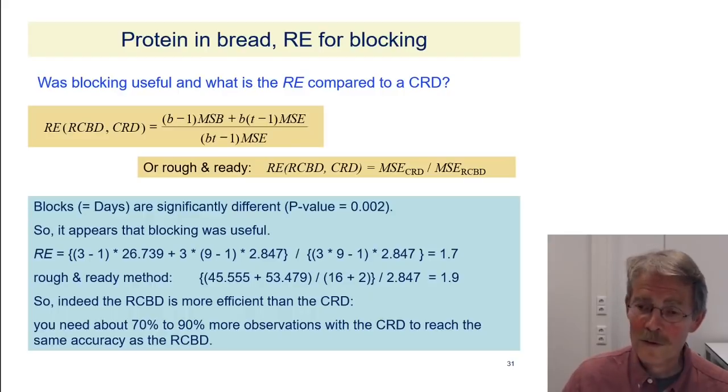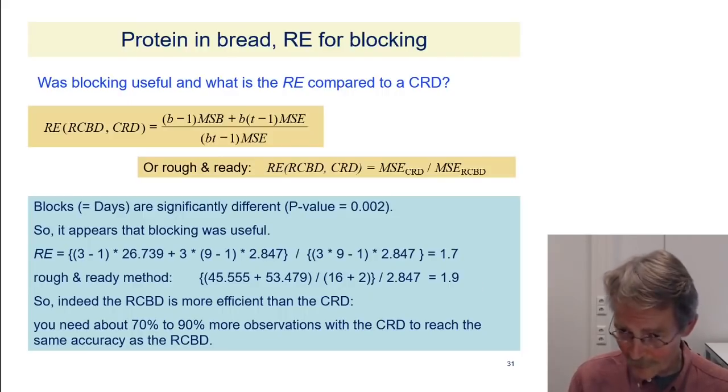You're just some 80% more precise, or you could say you could do with 80% fewer observations. So it is worthwhile. If the outcome had been something around 1.1, you may wonder if a gain of 10% is worth all the trouble of changing oven temperatures, confusing people maybe, etc. But this is still worthwhile.